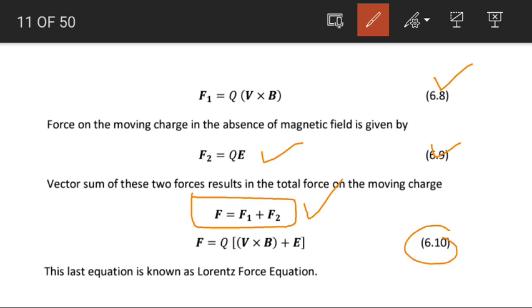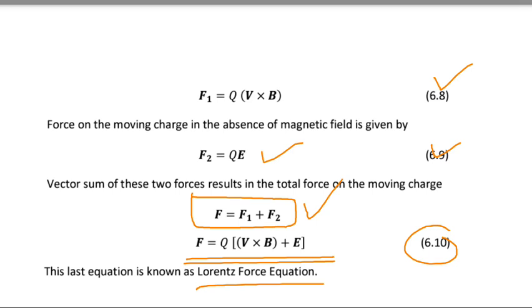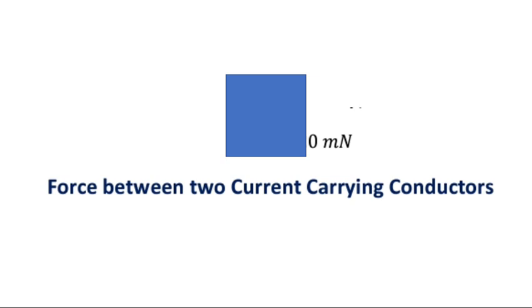So the total force which is experienced by this charge of Q coulomb in the presence of the magnetic as well as electric field can be calculated with the help of equation number 6.10, and this equation is known as Lorentz force equation. So the total force on this moving charge will be equal to Q into E plus V cross B. This equation is known as Lorentz force equation.